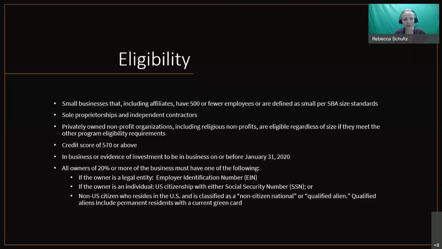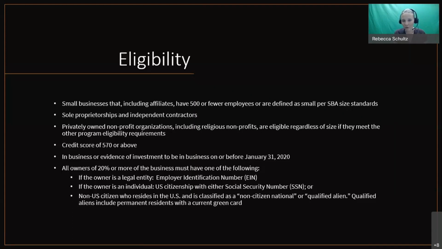Okay, all right, so all owners with 20% or greater interest in the business have to be here legally. That is part of the conversation. When we say that, you can show that the entity, the business that you're operating, is a US based entity, and you have an employer identification number that connects to the IRS records that have been filed. That's one.